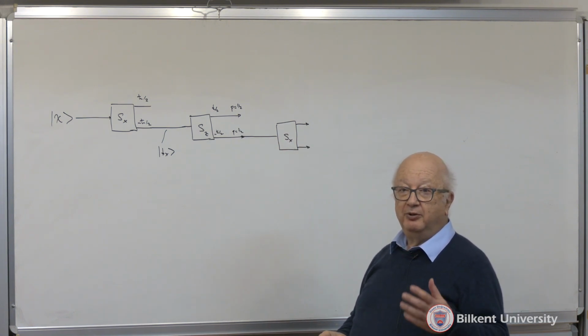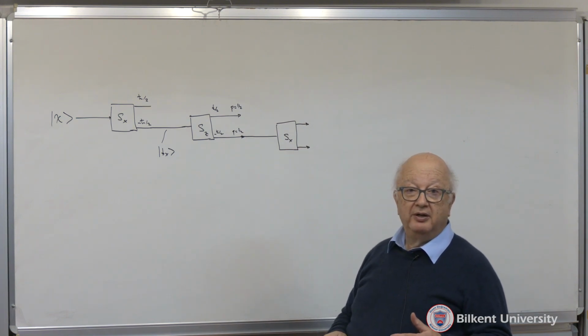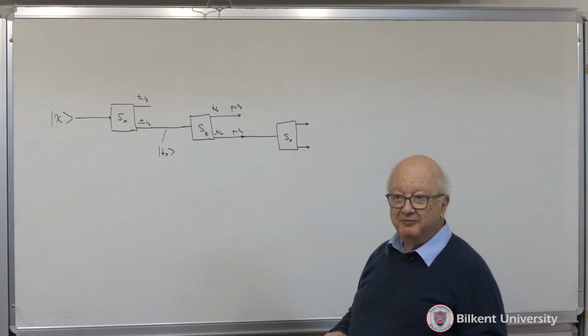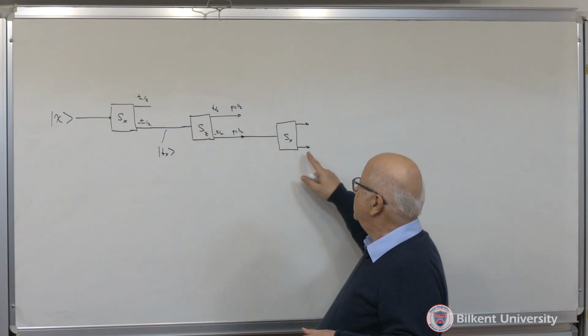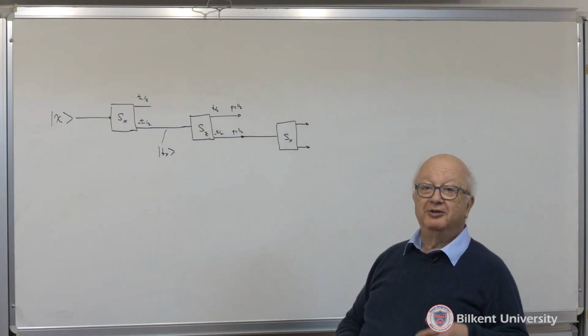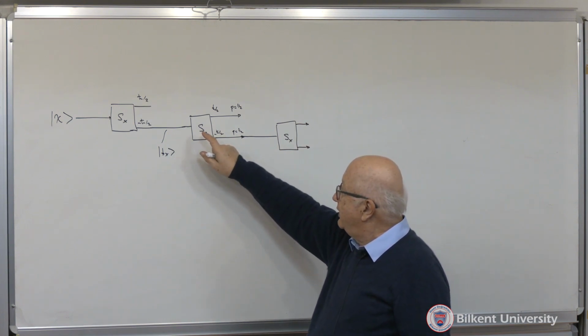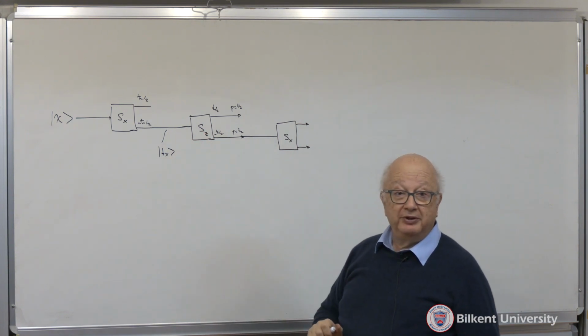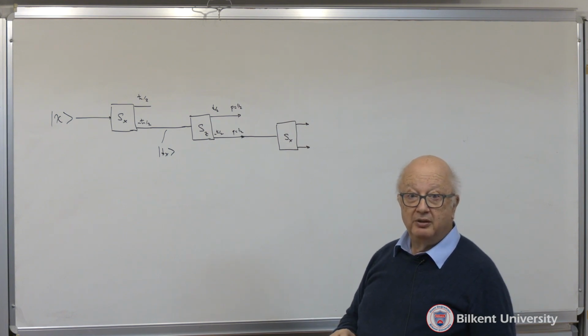But let me tell you an interesting statistic. I ask a problem like this in every exam over the last few years. And there are always people who say, well, we measured it once, so it has to be minus h bar over 2. That's not how it works, right? These are incompatible measurements. Measuring Sz will destroy the measurement on Sx.